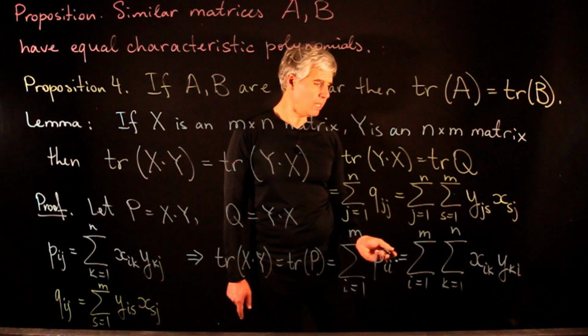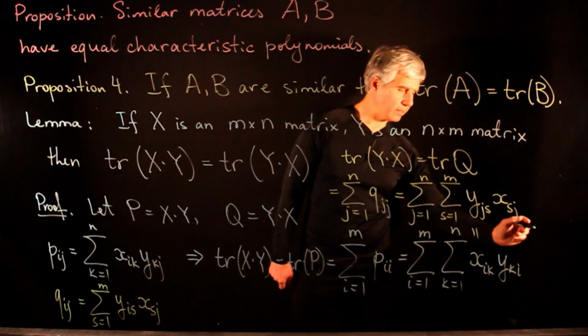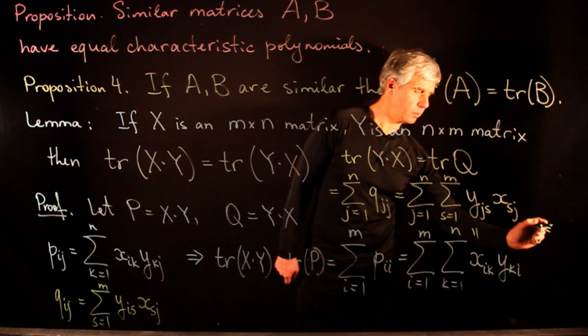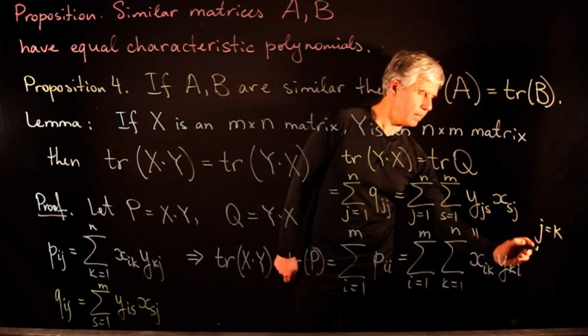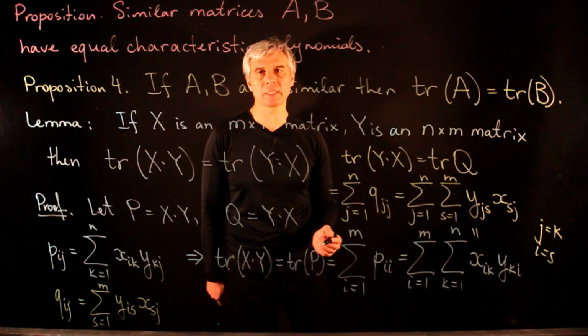And what we see is that these two formulas are simply equal if we set j equal to k and i equal to s. And so these two sums will be the same.